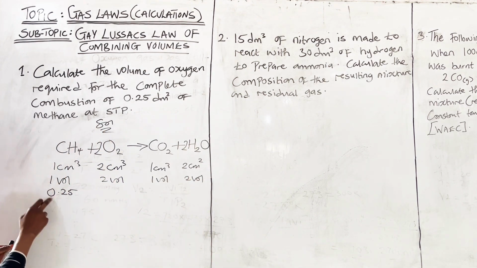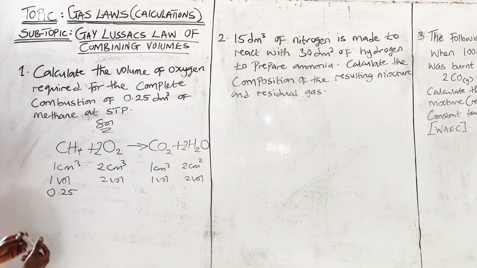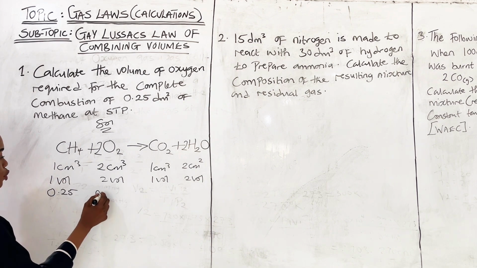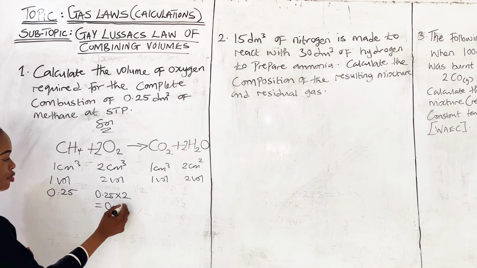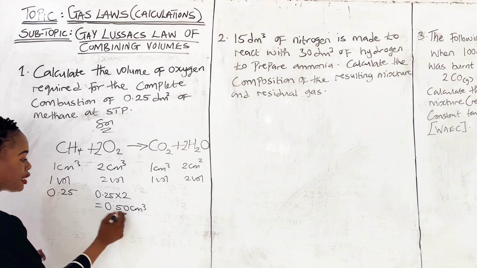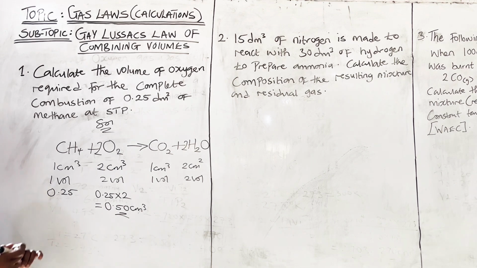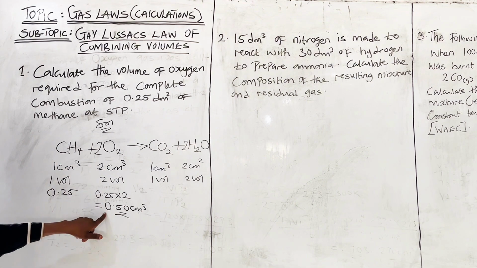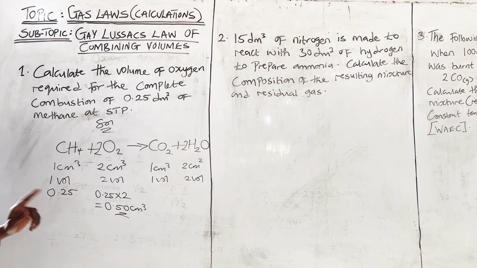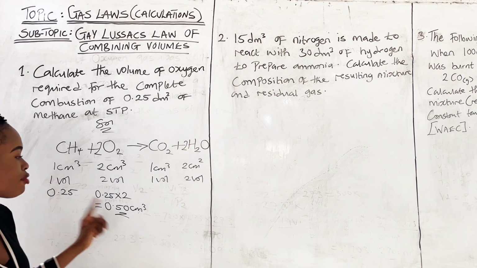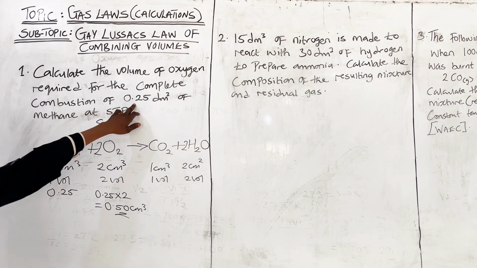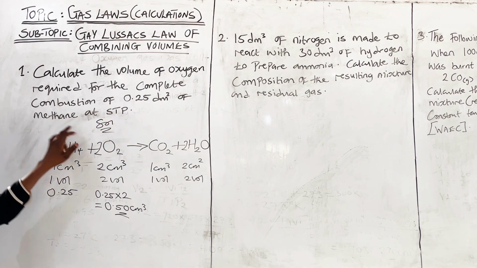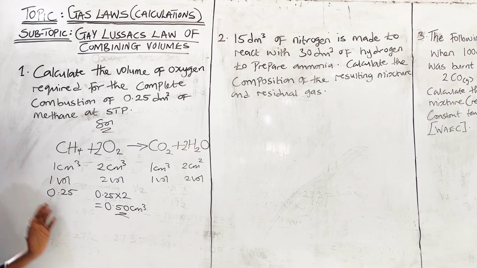So if 1 cm cube is 0.25, 2 cm cube will simply be 0.25 times 2, which will give us 0.50 cm cube, and that is your answer. That is to say that we require 0.50 cm cube of oxygen to completely combust 0.25 dm cube of methane at STP. So that is simply the answer.